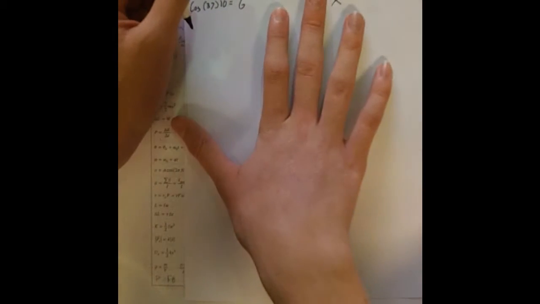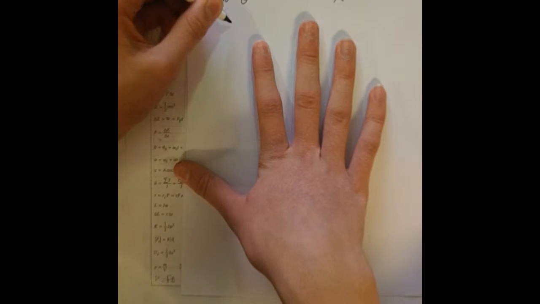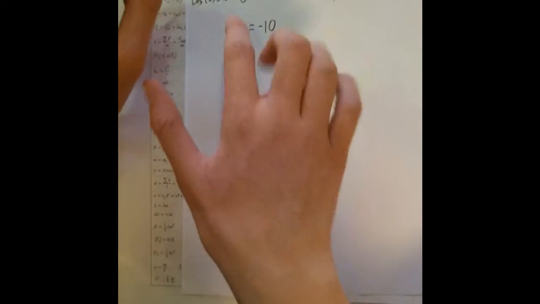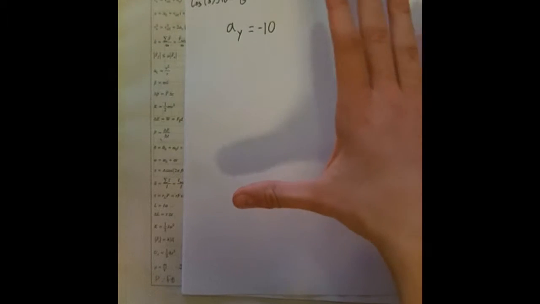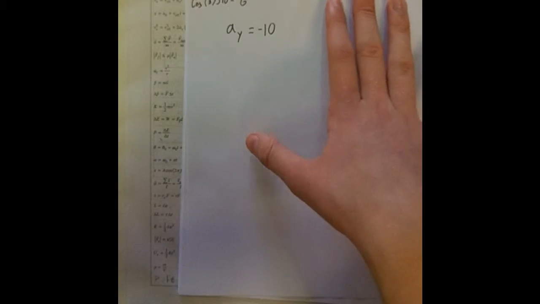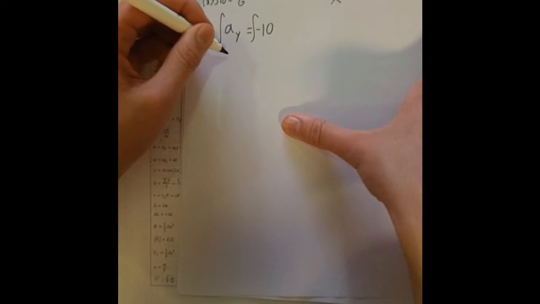Right, so now all we have to do is write our x and y equations for acceleration. So a of y is negative 10. That's all we know, because gravity is 10 meters per second squared, and there's no other force acting on it in the y direction. Now, we're going to take the integral of this, which is calculus, obviously. It's this weird squiggly line. You probably know that.